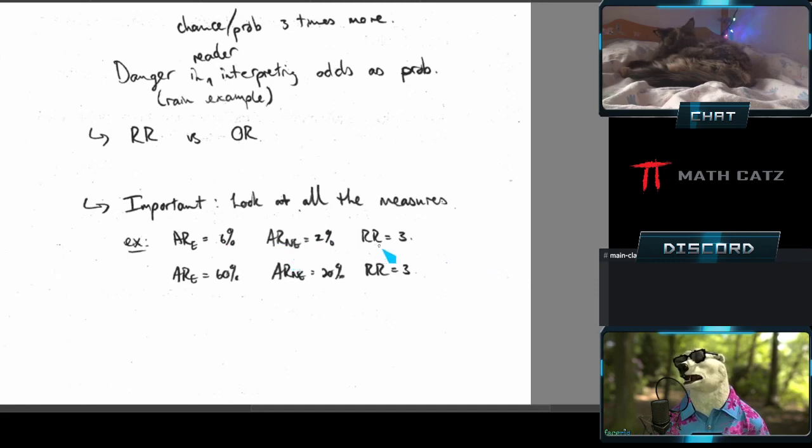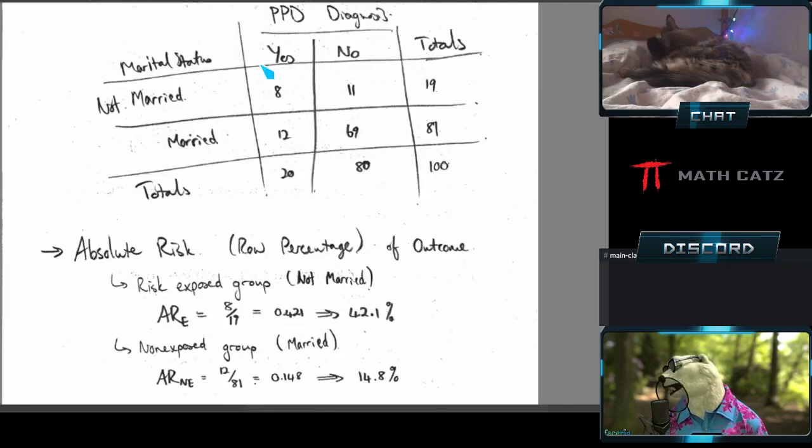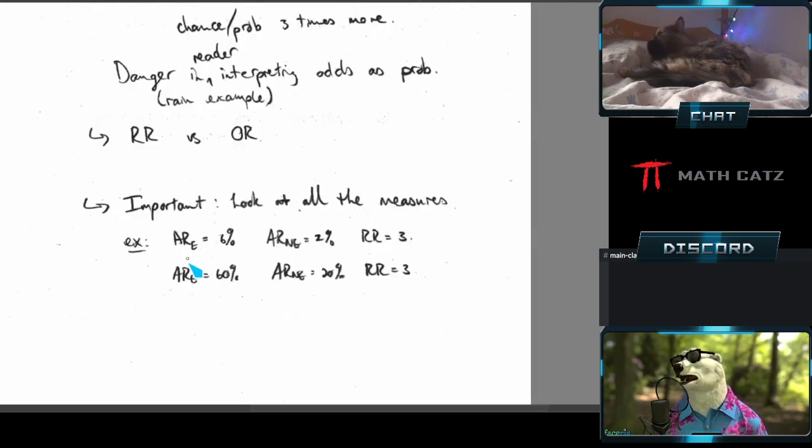If I look at the relative risk, if it comes from the absolute risk, remember absolute risk just being the percentages. If it comes from an absolute risk exposed group, let's say has a 6% chance of having the outcome versus the not exposed group, 2% chance, my relative risk is 3. So I'm 3 times, we casually say 3 times as likely.